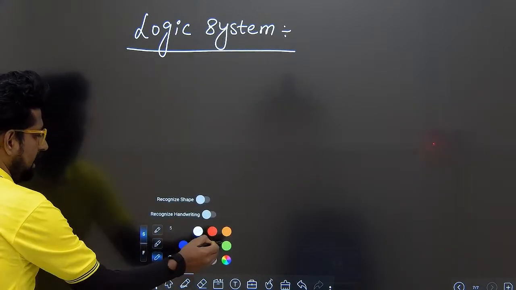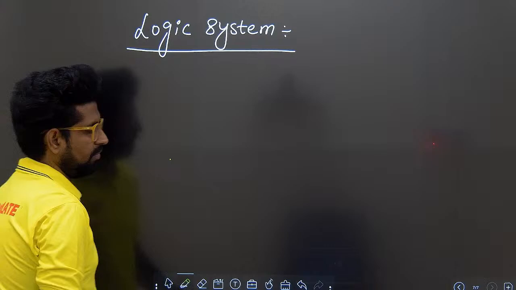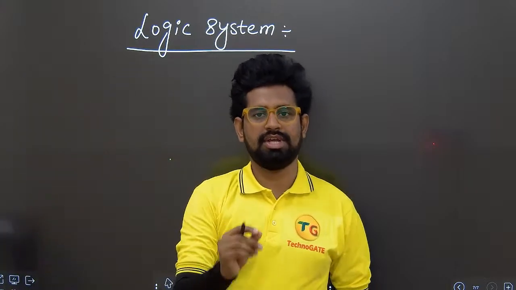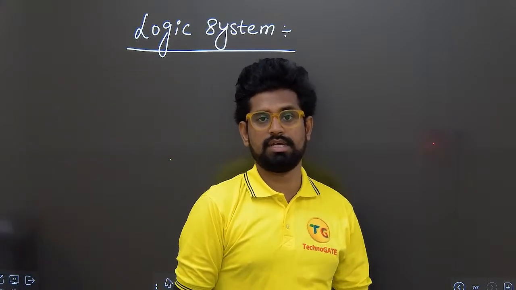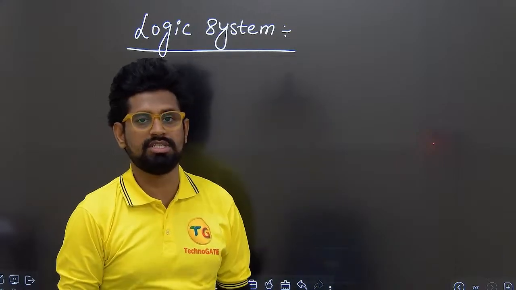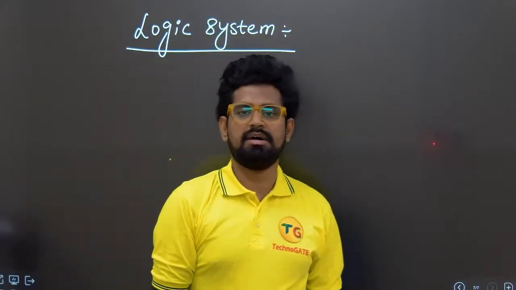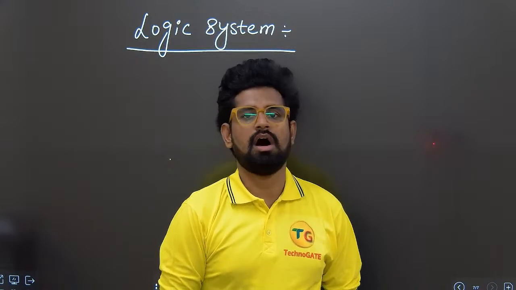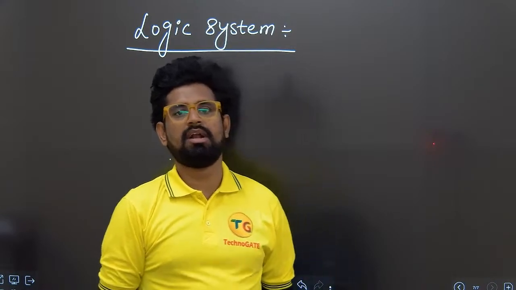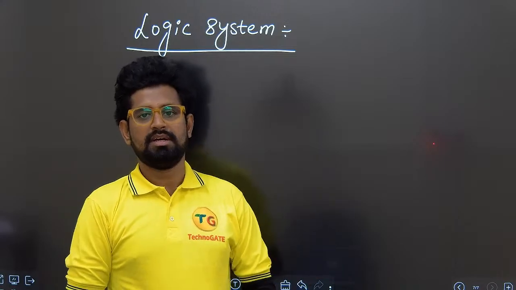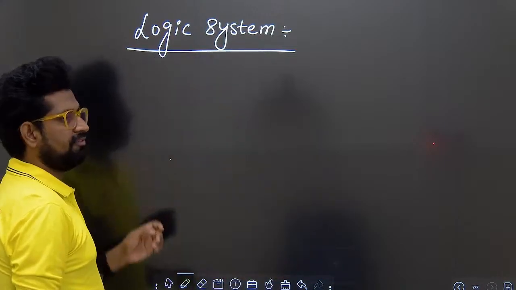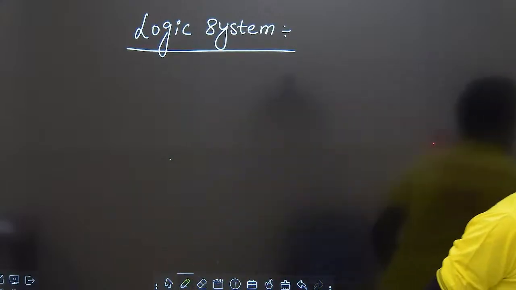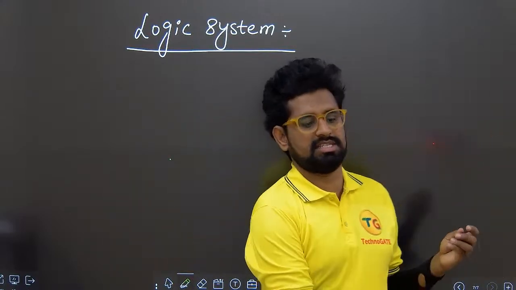In digital electronics, before I have a discussion on logic gates, I am going to tell about what is logic system. The system in which various logic levels are defined is nothing but logic system. Okay, the system in which various logic levels are defined is nothing but logic system.